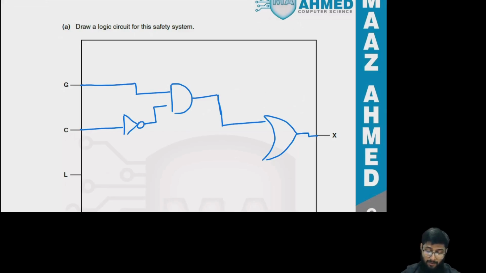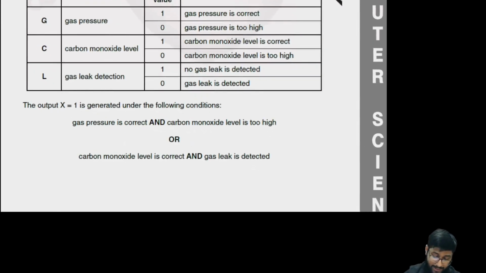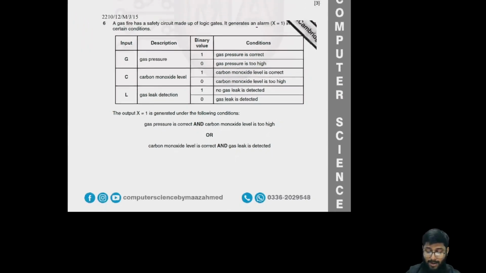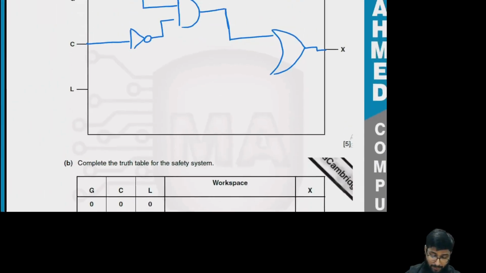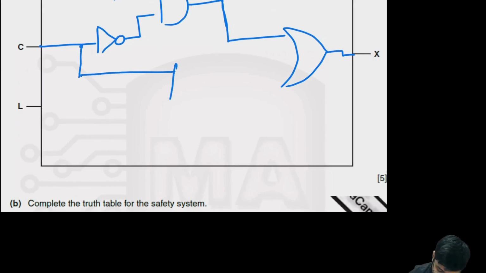Now what will be the other input for the OR? For the other input of the OR, it says carbon monoxide is correct. That means this time C is 1. Again an AND gate is being applied and the gas leak is detected. That means L will be 0. So C will be 1, AND gate, and L will be 0.